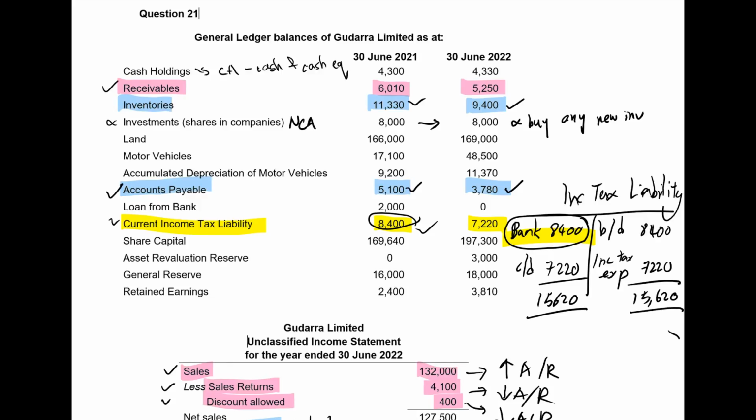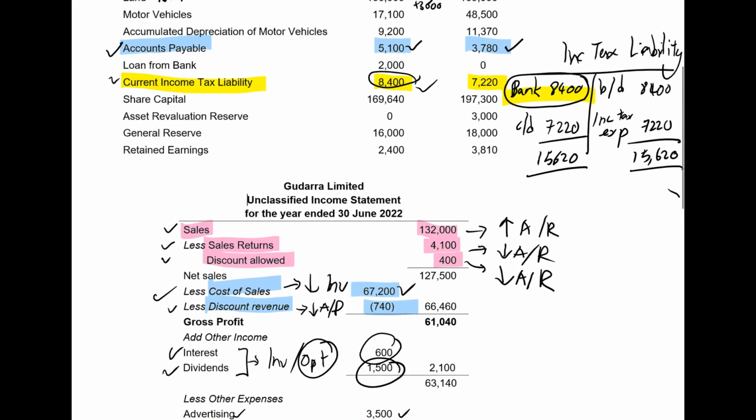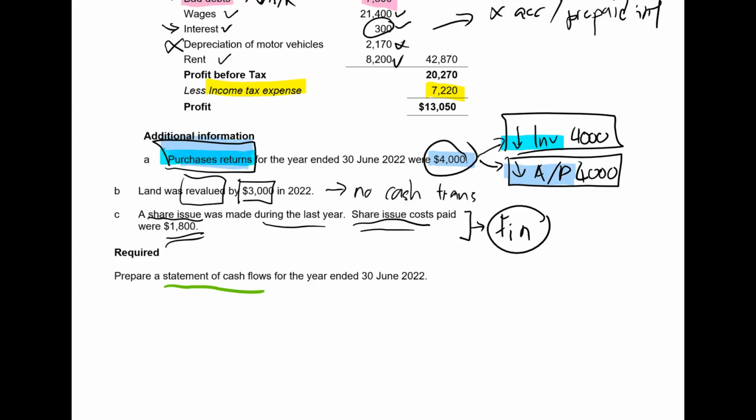Now if you look into your land, your land is a non-current asset for sure. Your land has increased from 166,000 to 169,000. So there is an increase of 3,000 over here. But if you look into your additional information, your land has increased because there is a land revaluation.